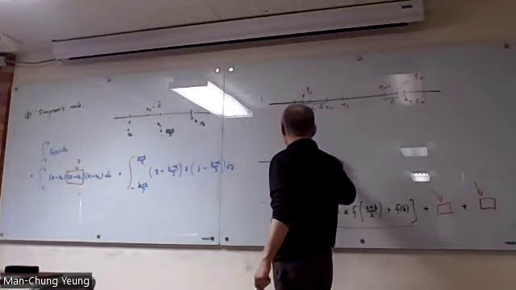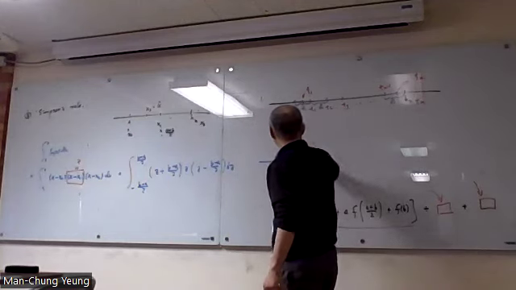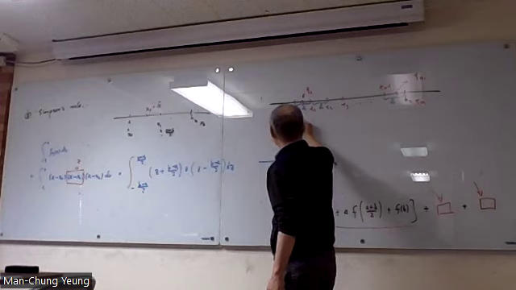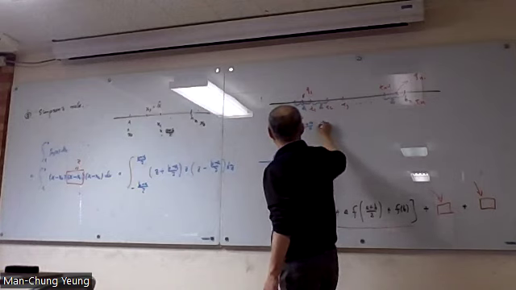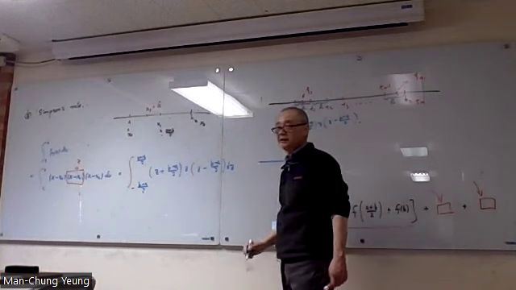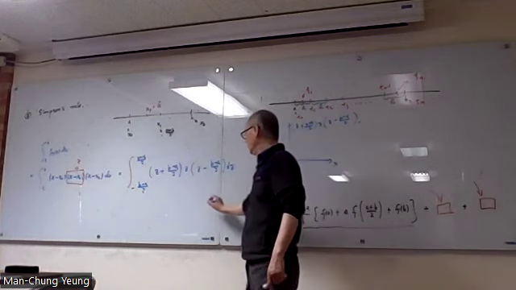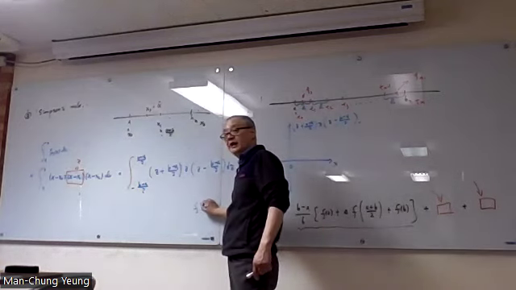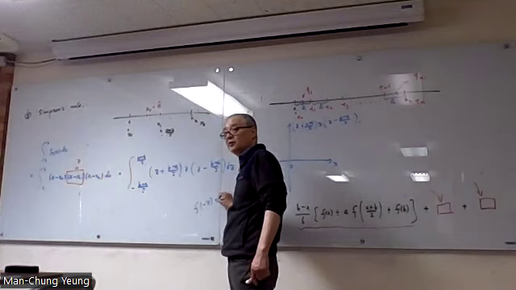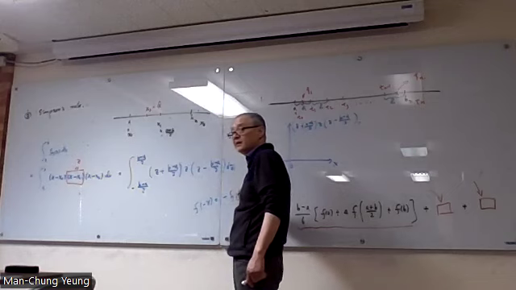Which function? The function c times (c plus b minus a over 2) times (c minus b minus a over 2). A function is an odd function if the function value at negative x is equal to negative f of x. That is an odd function.